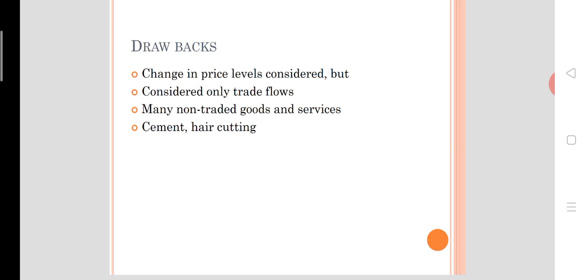And there are many non-traded or less traded goods and services, like cement, furniture, and hair cutting, which is a service that is non-traded or very less traded. All these commodities and services cannot have representation in the exchange rate if it is determined as per the purchasing power parity theory.